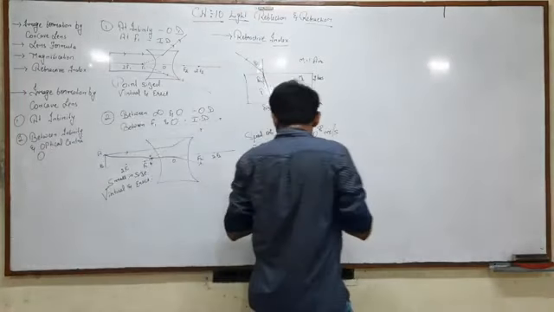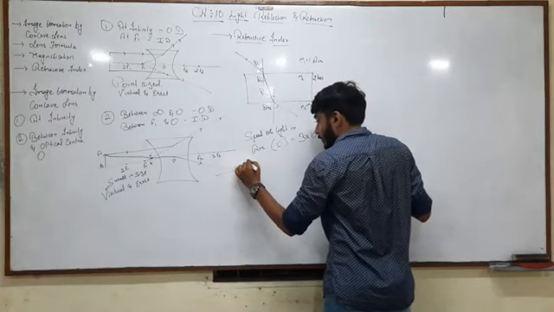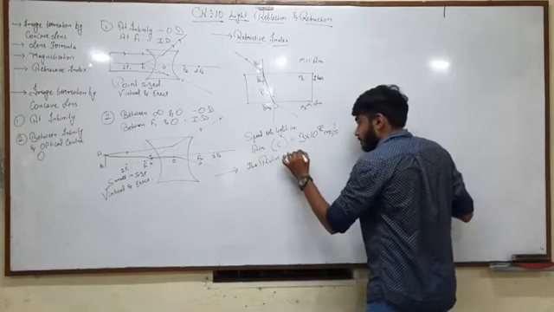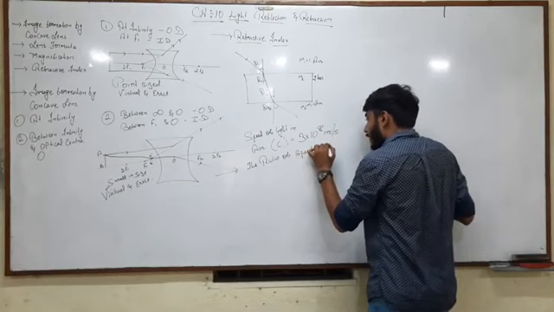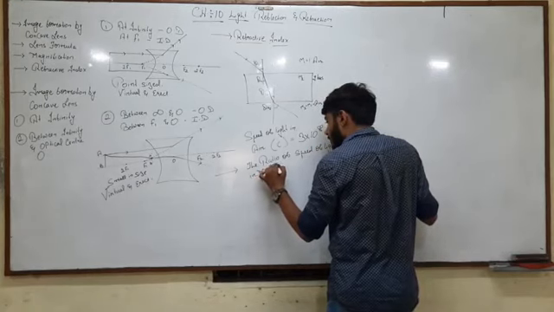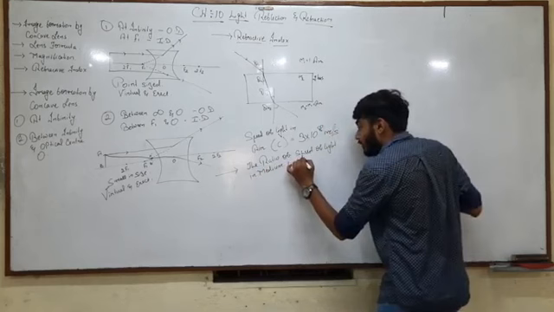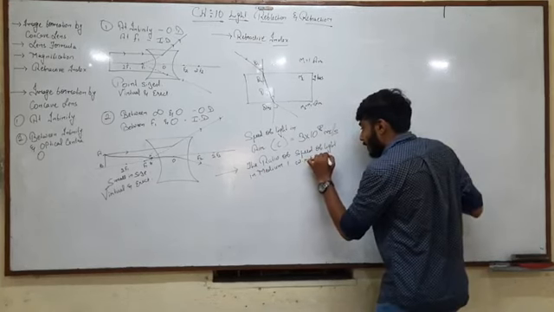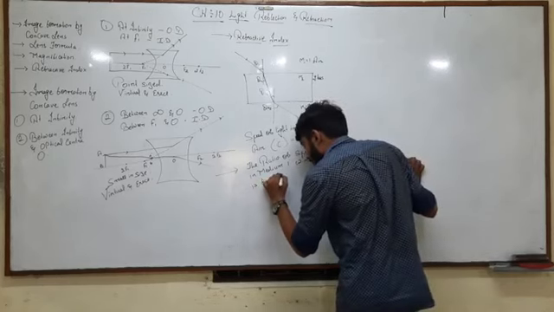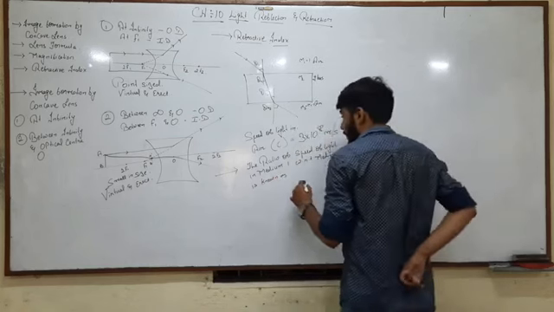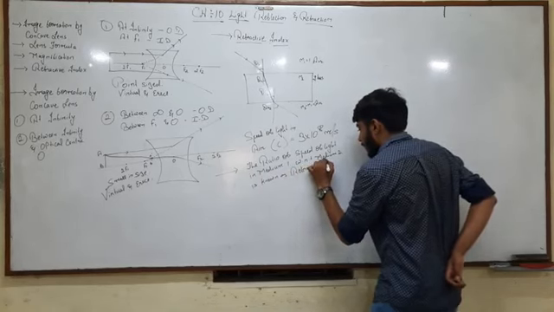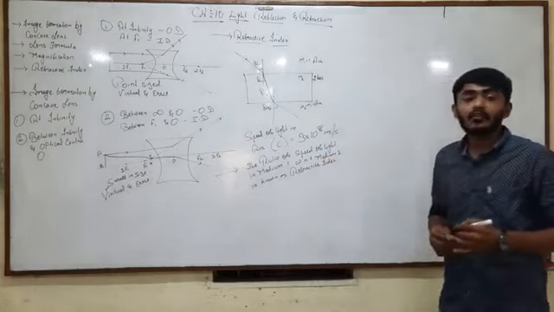I repeat, or I am writing over here, the ratio of speed of light in medium 1 with respect to medium 2 is known as refractive index.